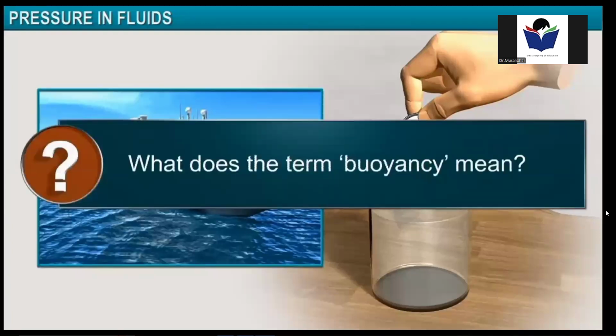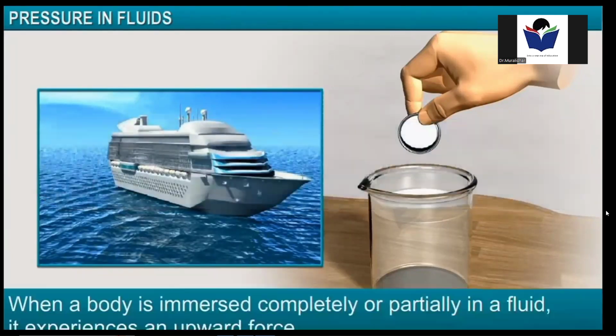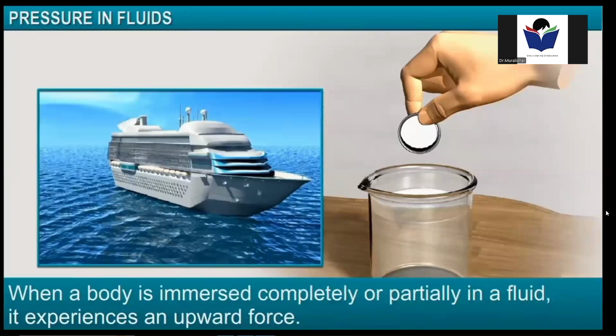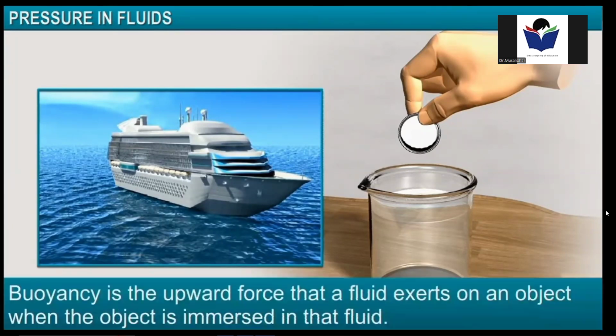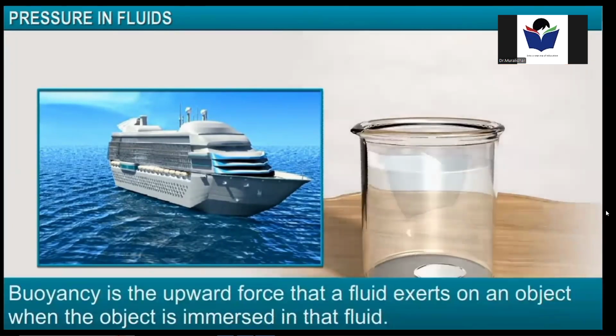Initially, let's see what the term buoyancy means. When a body is immersed completely or partially in a fluid, it experiences an upward force. The upward force exerted by a fluid on any object when the object is immersed in that fluid is called upthrust, the buoyant force, or simply buoyancy.